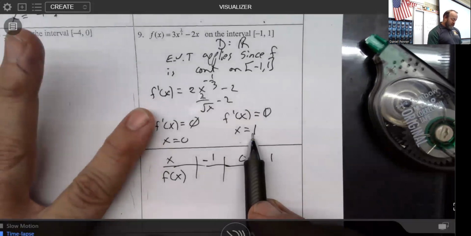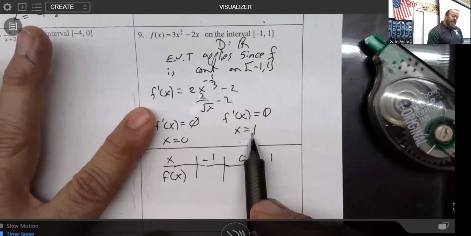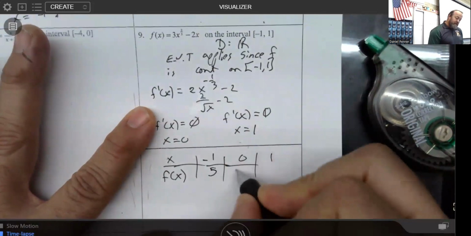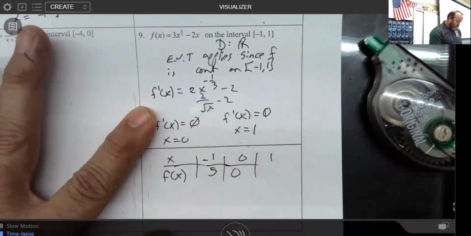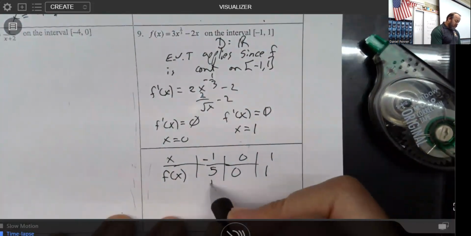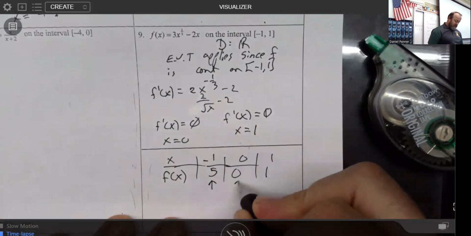When I plugged in -1, looking back at my notes, I got 5. When I plugged in 0, I got 0. And when I plugged in 1, I got 1. So it appears to me that we have our absolute maximum at 5 and our absolute minimum at 0.